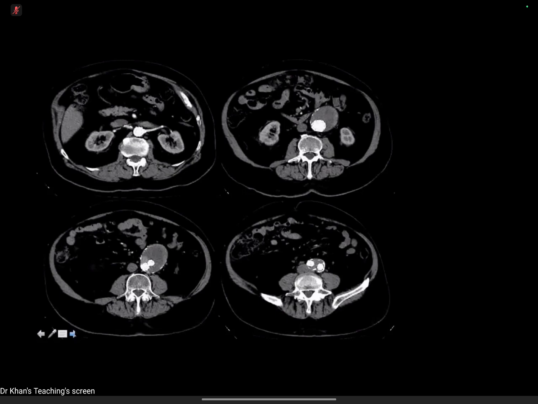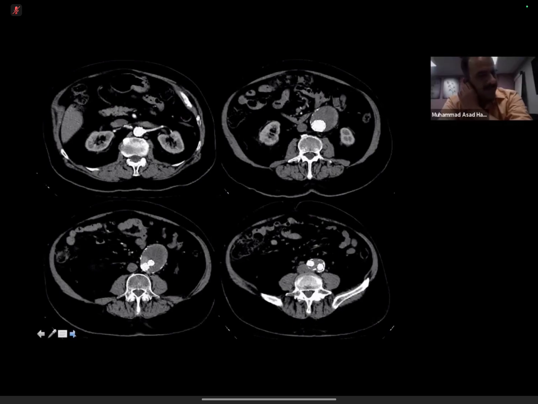There is a focus of increased attenuation in the bottom image on the left. I can see an area of high density within the bi-iliac stent area. And I wonder if this patient has actually had an EVAR repair and this represents an endoleak. Good. Well done.